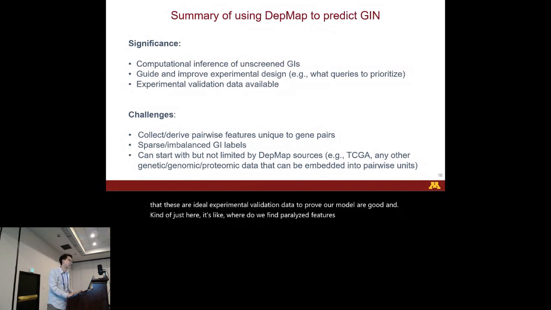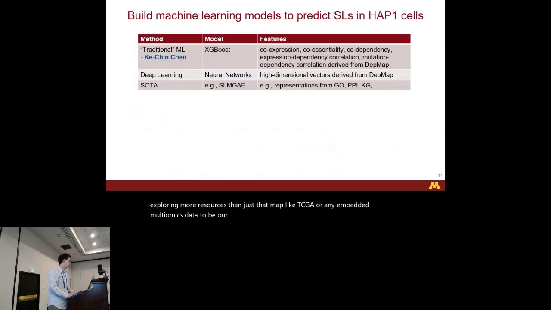Our labels are sparse, as you see, the gene interactions are really sparse. We can also explore more resources than just DepMap, like TCGA or any embedded multi-omics data, to be our pairwise features.